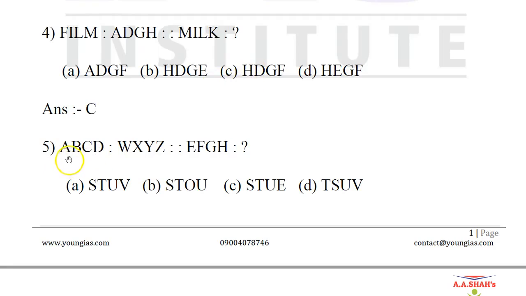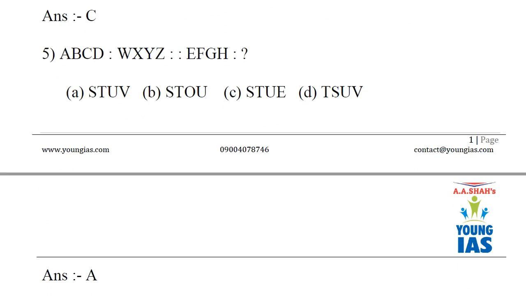Fifth question. We have ABCD is to WXYZ and EFGH is to what? Now if you observe here, there's a relation between these two terms. Okay, so now A and Z. A is the first letter and Z is the last letter. B and Y. B is the second letter, Y is the second last letter.